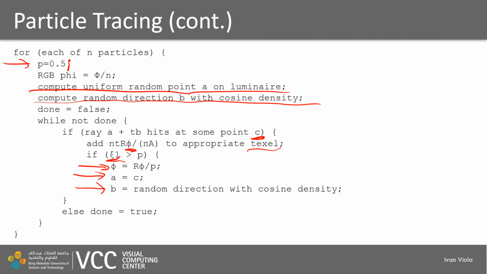And then we are performing this operation until we have evaluated that we are not hitting any other object or we are absorbing the particle at a particular surface position.